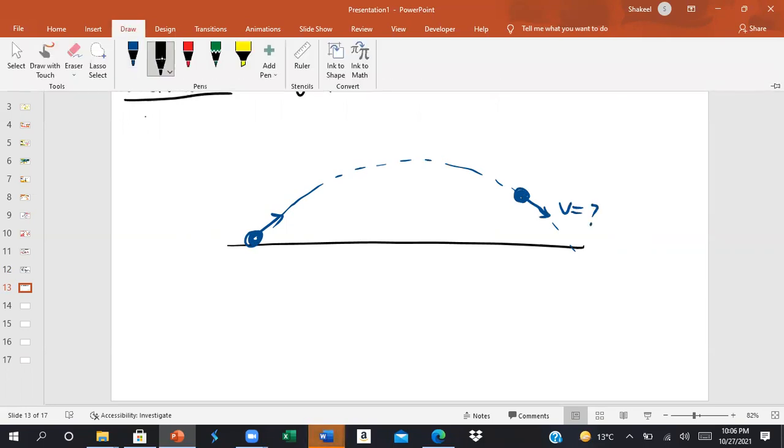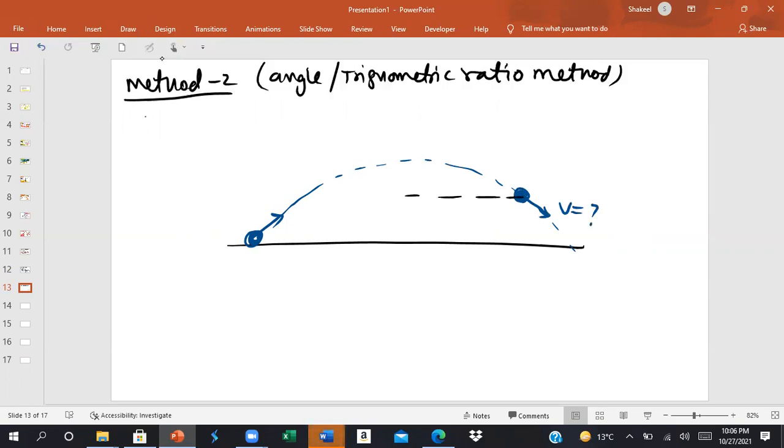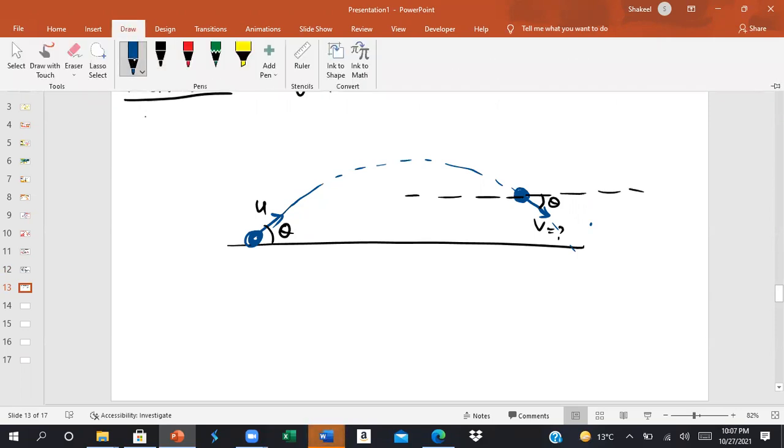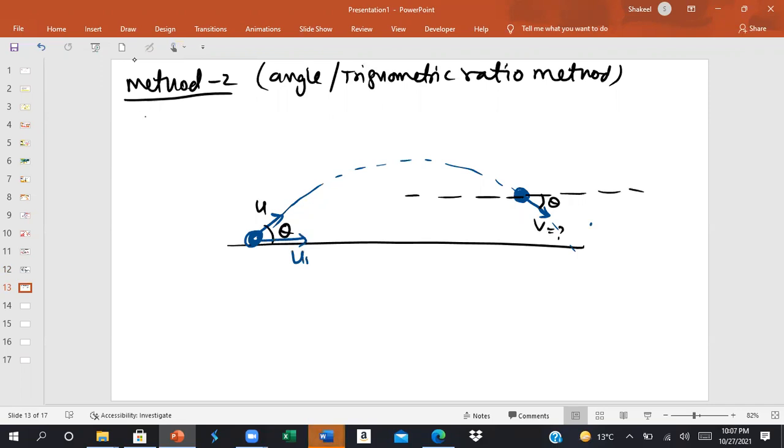But one thing is given to you: this is the horizontal line, and the angle of this total velocity with the horizontal line is given to you, and the initial velocity is given and the angle is also given. So from the start, you know that UH is given and that UH will remain the same everywhere. So you know the UH value, which will be parallel to the line.